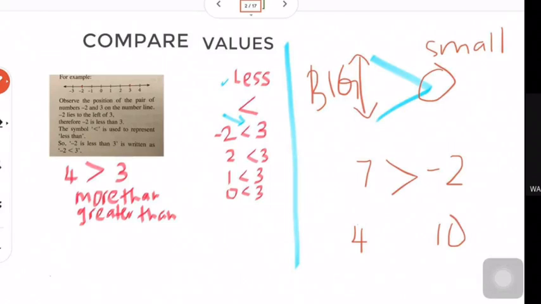The sharp side is small, so the sharp side must be at 4. So 4 is less than 10. That is my way of remembering. You can create your own way of differentiating between the two symbols.